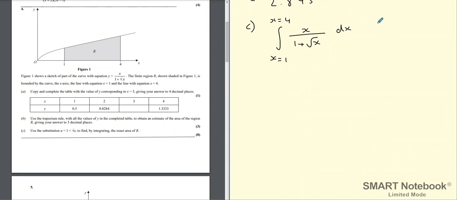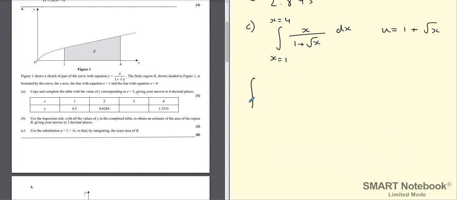Now, we've been told to use the substitution, which makes our life a little bit simpler. Okay, so u equals 1 plus root x. Now, 3 things you need to remember. Change your x's to your substitution, dx to du, and your x limits to u limits in this case.